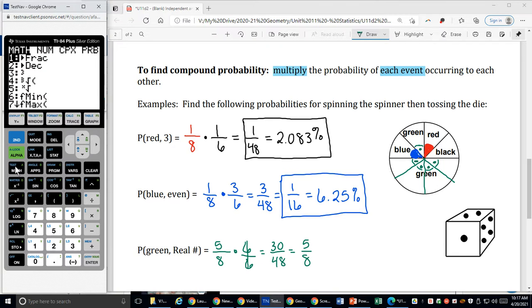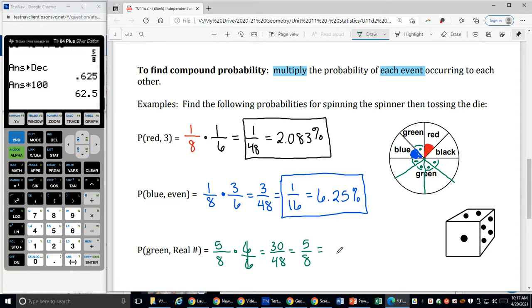So then we hit math and we say, okay, turn that into a decimal for me. And then we multiply by 100. And it's very much so likely, more than half the time, we should get 62.5% of the time, we should land on green and get some sort of real number on our number cube. We're always going to get a real number on our number cube.